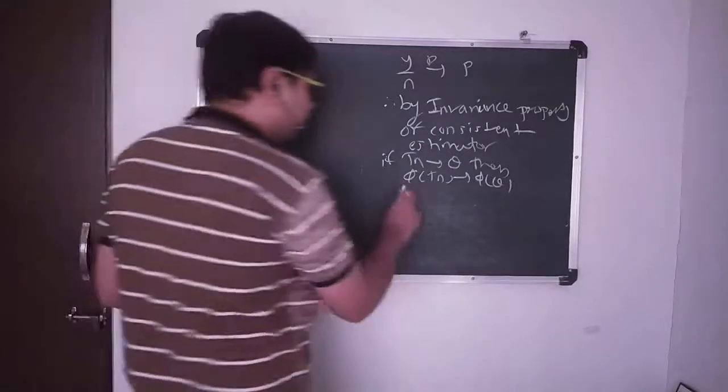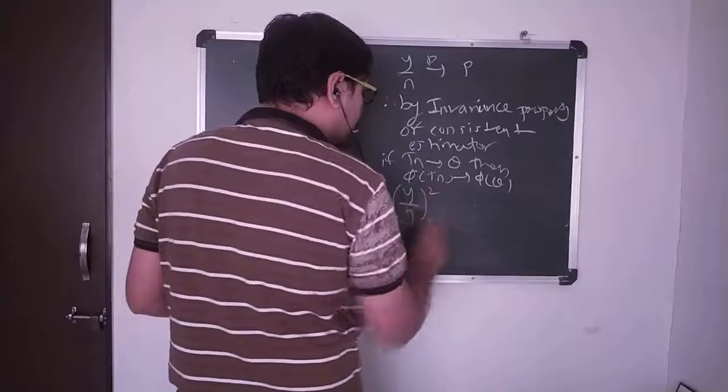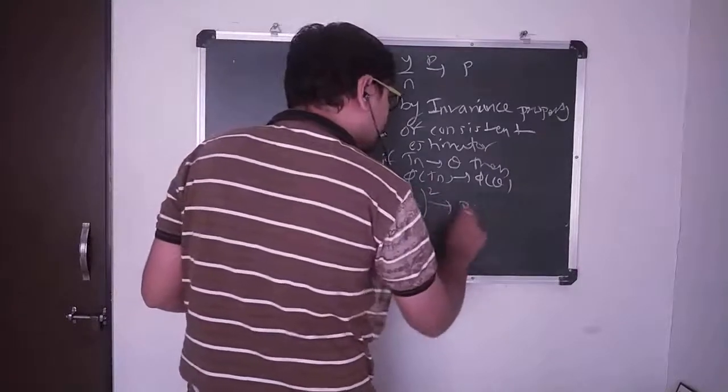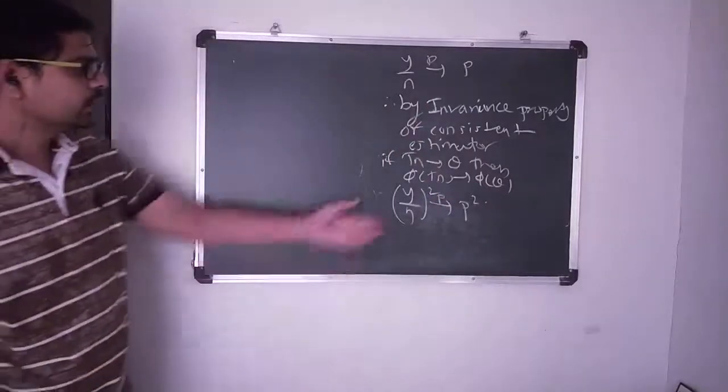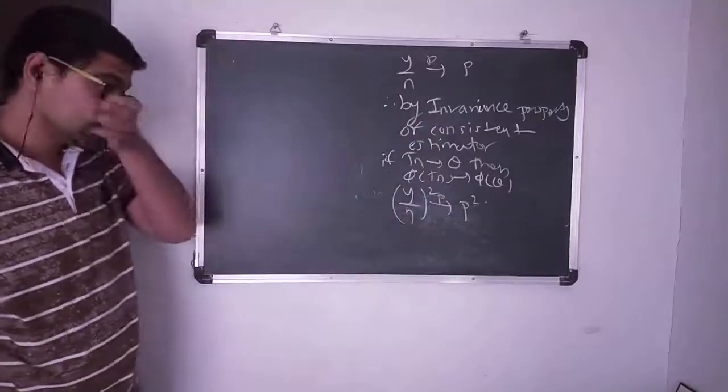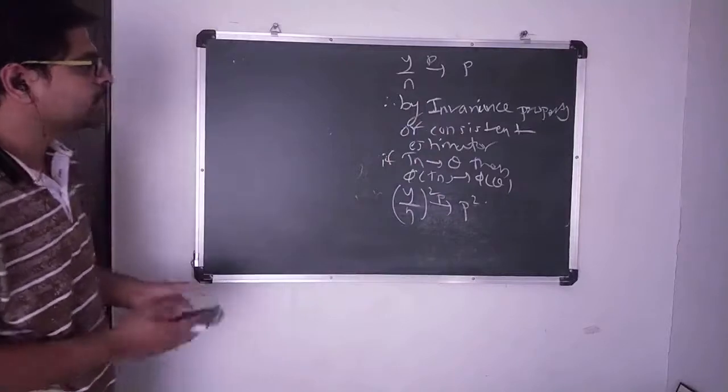So (Y/n)^2 is a consistent estimator of p^2, since Y/n is a consistent estimator of p and this is a function of Y/n. So this is another proof.